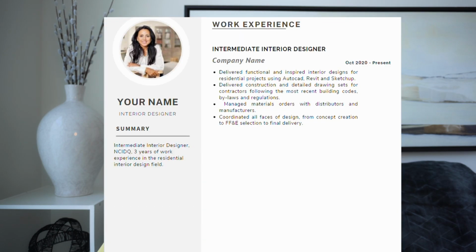The second thing I would add would be my work experience. So if you've worked as an interior designer already, then of course you want to add that in your work experience. If you have never worked as an interior designer before, it can be very tricky to add work experience that's not related.